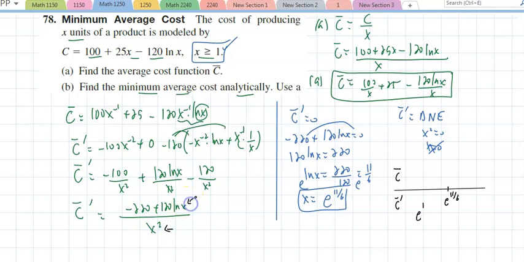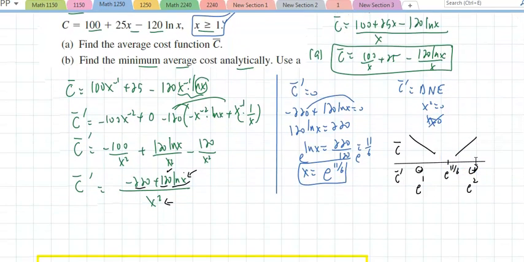If you put an e to the 1 right there, that will become a 1. 120 minus 220 is negative. And if I take a number to the right, well, e squared is to the right of that, because that's 1.7, this is 2. Natural log of e squared is 2, times 120 is 240, minus 220 is positive. The function is increasing. What does that mean? Find the minimum average cost.